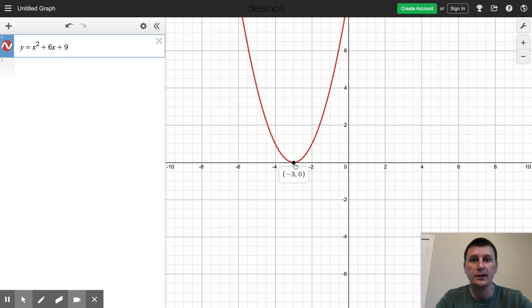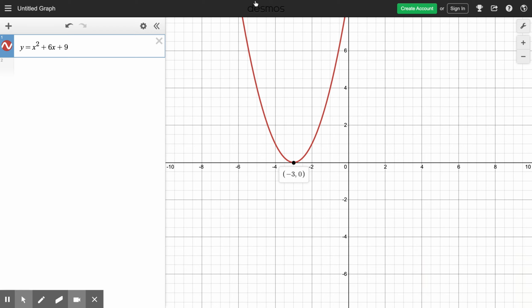So if you ever get to a problem that has only one solution, like this one that we just did, it's because the graph is what's called tangent to the x-axis. Tangent is when the line touches in exactly one spot. And there's the one spot that it touches at negative 3. Okay? So let's go back to our question now.